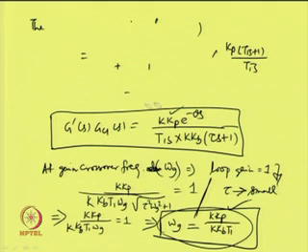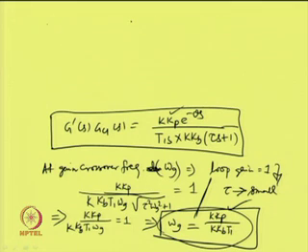The loop gain at gain crossover frequency gives us the expression omega g is equal to K K P upon K K B T 1.